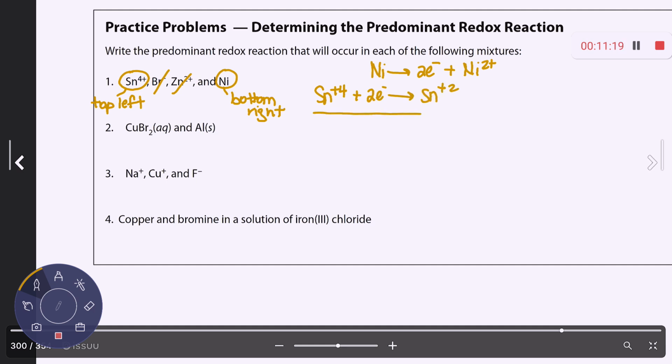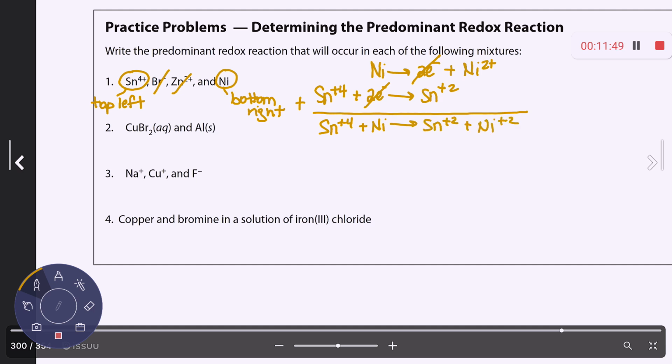Is there only one Sn plus 4 on that whole table? I'm just double checking, because sometimes there's multiple. I see Sn plus 2 underneath it, but I don't see another Sn plus 4. I think we're good. Okay. So these are your 2 half reactions. The number of electrons are the same. So then this would be your dominant reaction taking place.